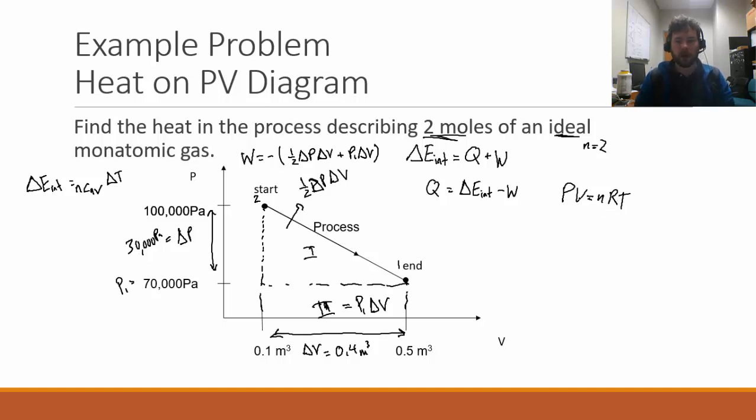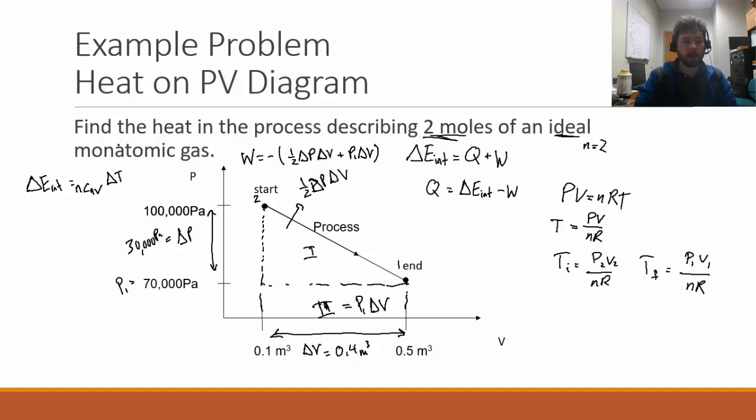If I just solve for T, it's PV over nR. So the initial temperature is equal to P2 V2 over nR, with the pressure and the volume up here. The final temperature is down here. That's P1 V1 over nR.